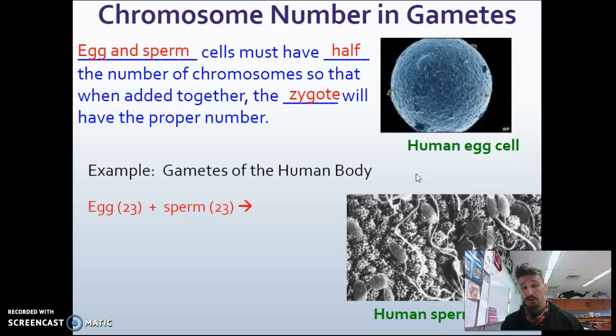So one egg cell, which has 23 chromosomes in it, right? That's not 23 pairs. That's just 23 individual chromosomes. And a sperm cell that has, again, 23 individual chromosomes. When you put those together, you're going to get that zygote that has 46 chromosomes. And the zygote is the one we can say has 23 pairs, right?